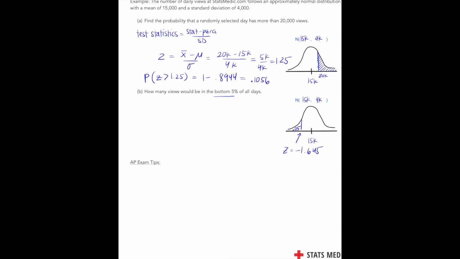So I have to basically work backwards in order to get whatever my x bar is. So my z-score, negative 1.645, equals x bar minus my mu of 15K over my standard deviation of 4K. And my goal is to move everything around in order to get x by itself.